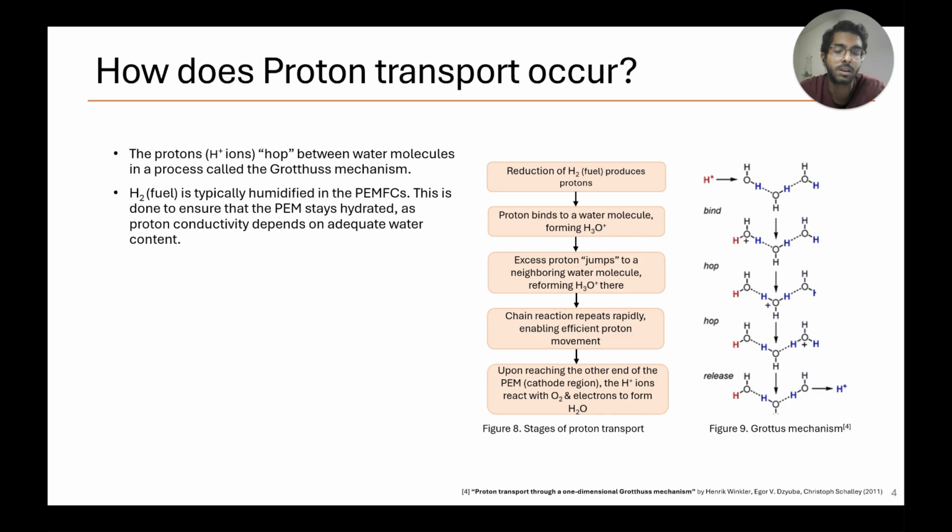And upon reaching the other end of the membrane at the cathode region, the protons then react with the oxygen and electrons to form water. So this is the mechanism of how the protons travel from the anode region all the way through the membrane to the cathode region and then react with the oxygen and electrons to form water.